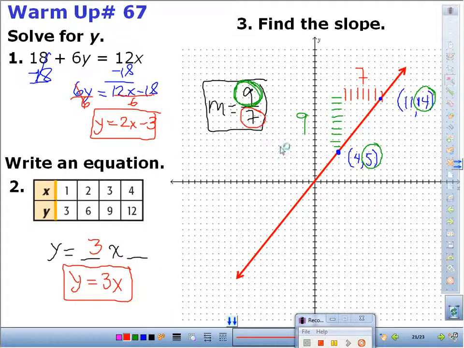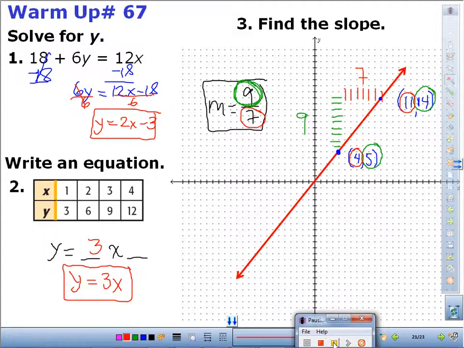Now, for the x value, I look at this number and this number to get this. So think about it. What's happening to these two numbers to get that, and to these two numbers to get that? Think about it first. What happened to these two numbers to get this, and to these two numbers to get that? Okay? Discuss it with your neighbor.